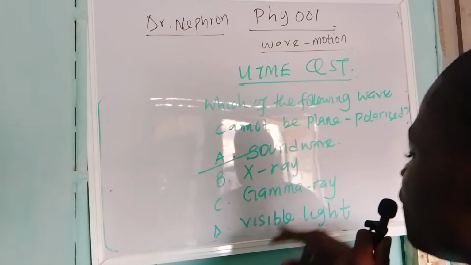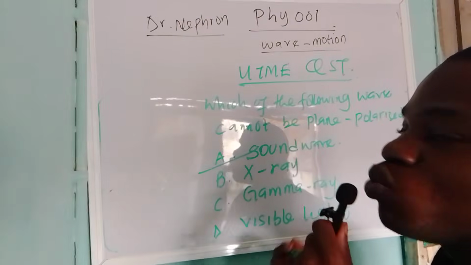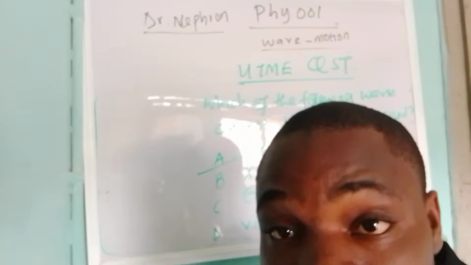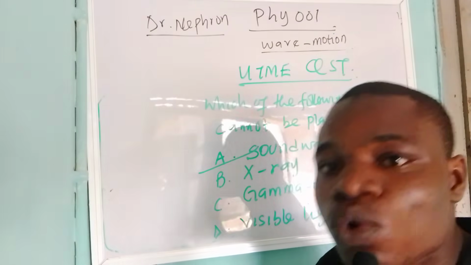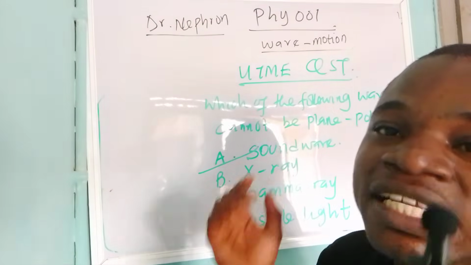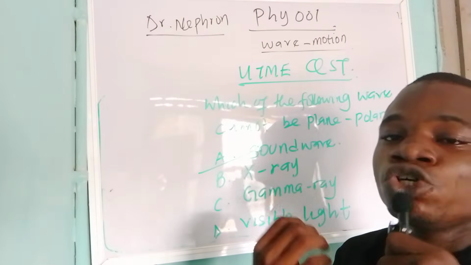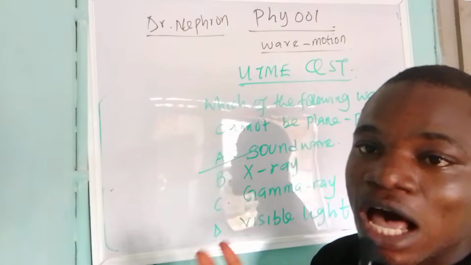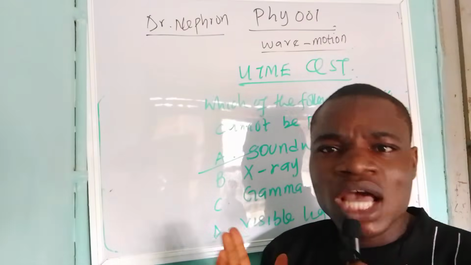X-ray, gamma ray, and visible light are all electromagnetic waves, and electromagnetic waves can travel through a vacuum and undergo polarization. But the sound wave cannot undergo polarization and cannot travel through a vacuum. Those are the two things that can be used to differentiate between sound wave and electromagnetic waves. I hope you are getting that.